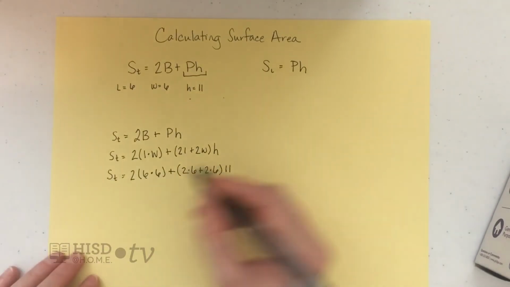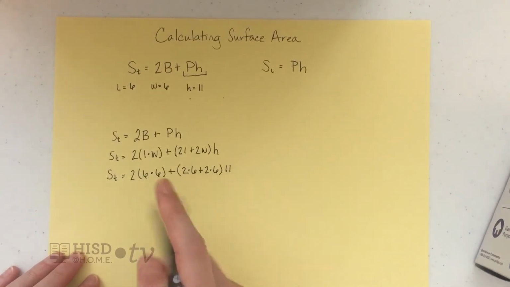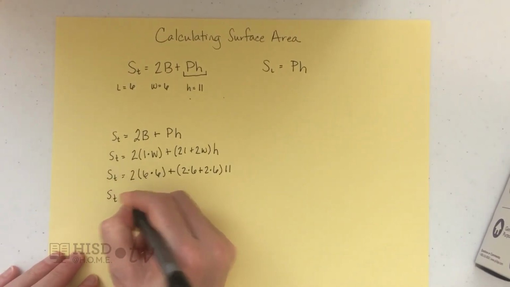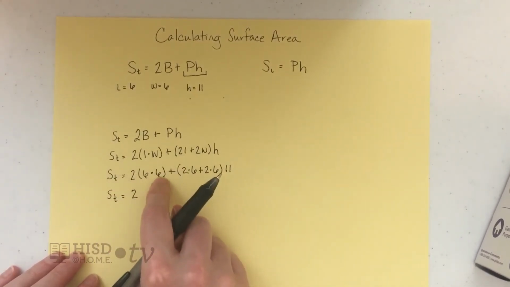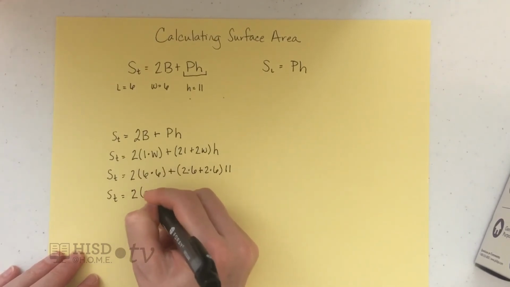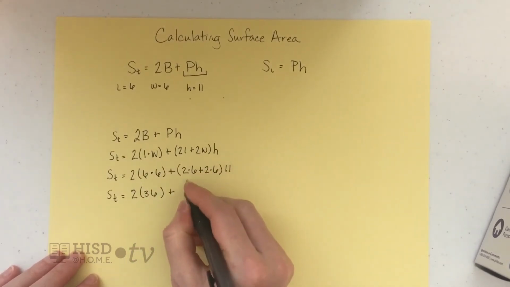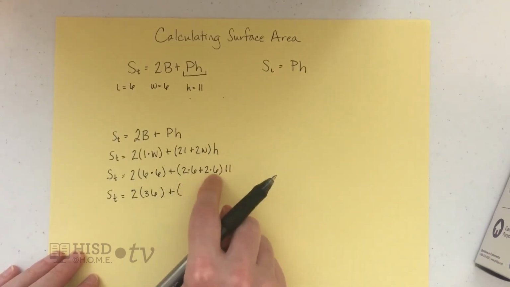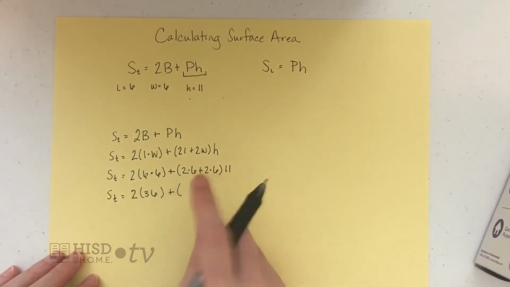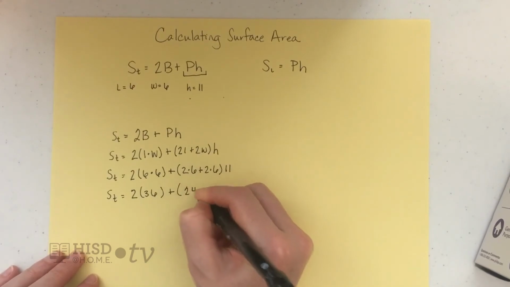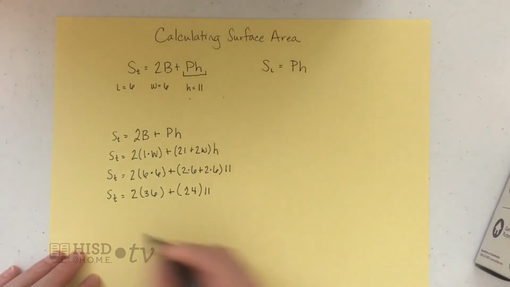All right, according to PEMDAS, I'm going to start with my parentheses. 2 times 6 is 12, plus 2 times 6 is 12, and I know that 12 plus 12 is 24 times 11.